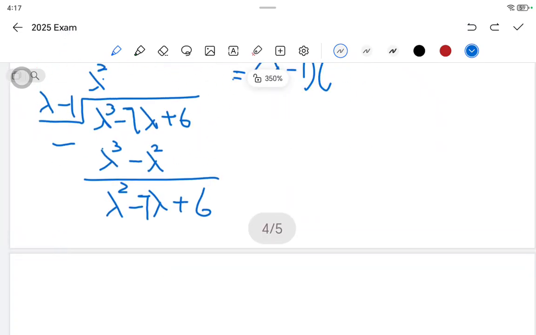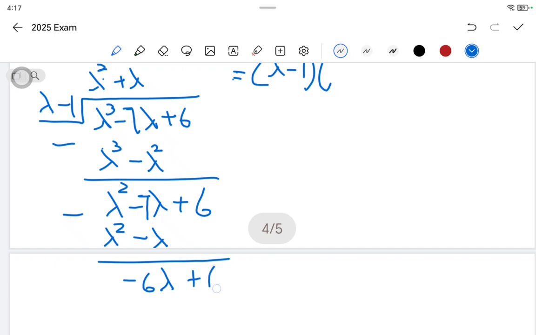And then from here, take this lambda squared divided by lambda, I get plus lambda. Then I multiply back, I get lambda squared minus lambda. Now I know this is minus 7 plus lambda, it's minus 6 lambda plus 6.